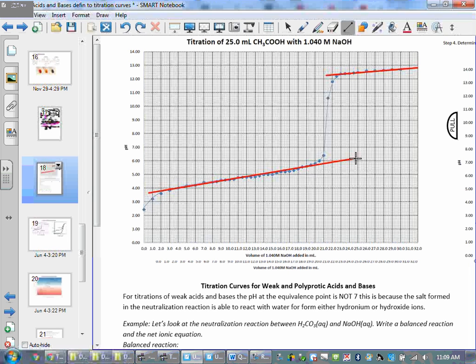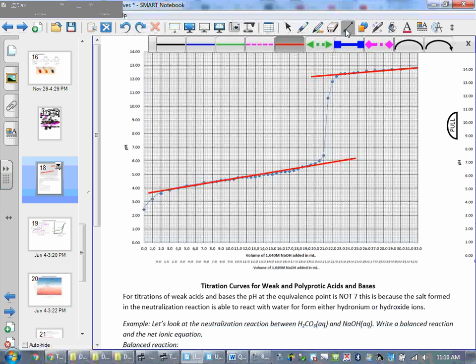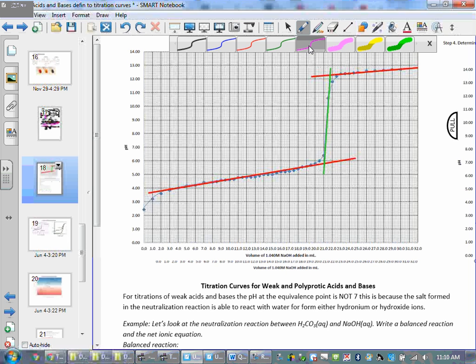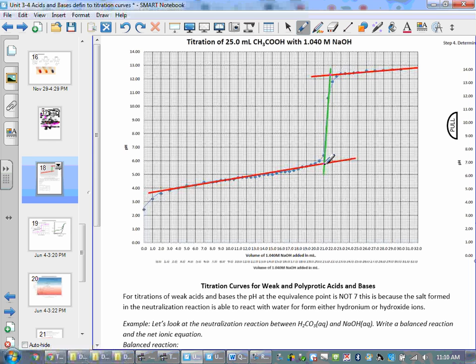How far should you extend that line? Just a little bit on either side, so that we can draw a third line on this vertical portion right here. We want it to hit in two spots, our vertical line here and here. So our red lines should be extended a little bit. Kind of making sense so far?